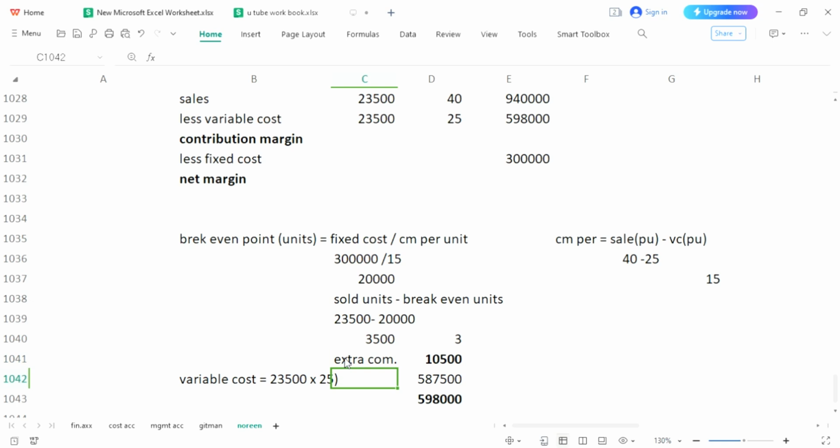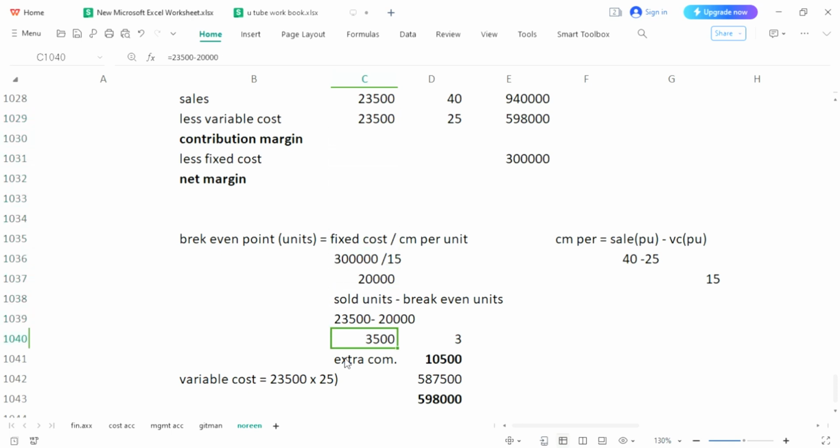So I will suggest you repeat this lecture for the last 5 minutes. You will come to know what is happening. I'm again repeating, these were your break-even units which we have already calculated. And he was saying if you sell more units than the break-even point, commission would be rewarded. We are now selling 23,500, which is more than 20,000.